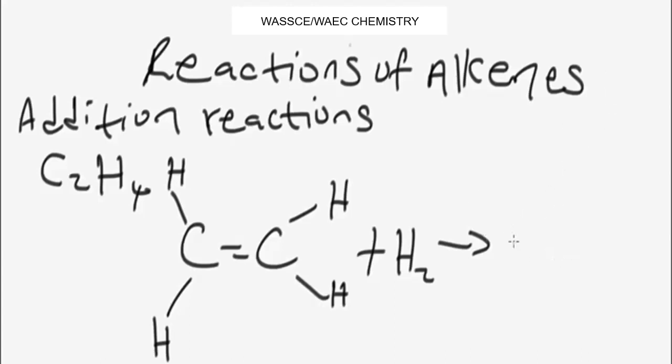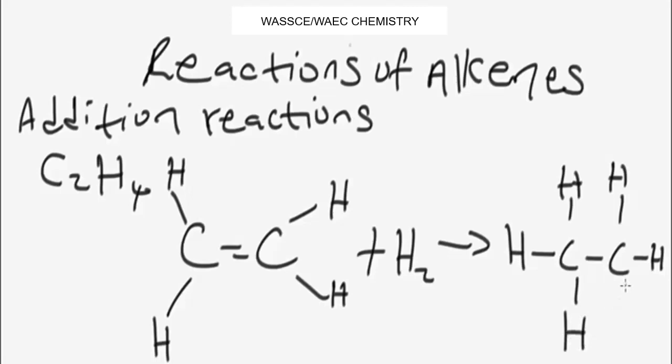In this case, we're going to have ethane. So this will be our product. Okay. So this is a saturated alkane. Alkanes are saturated hydrocarbons. The chemical formula for this is C2H6.